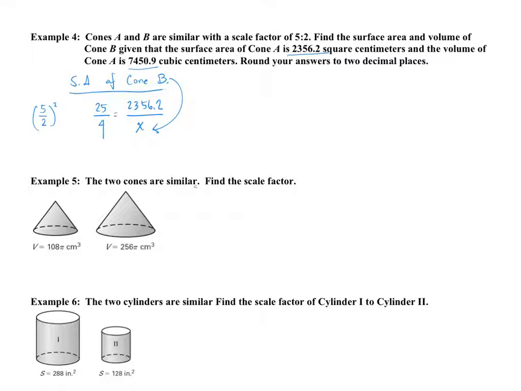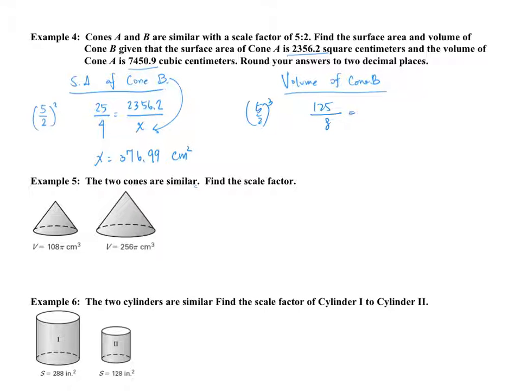So after you solve for x, it should be 376.99 square centimeters. And for the volume of cone B, I need to take 5 over 2 and cube it, and that'll be 125 over 8.